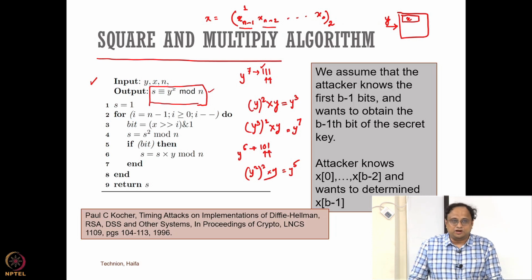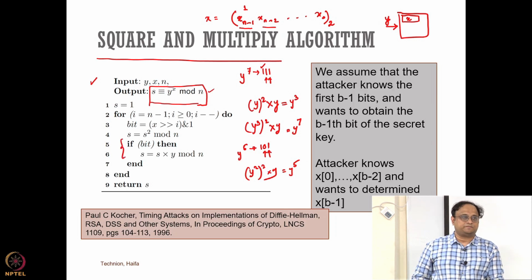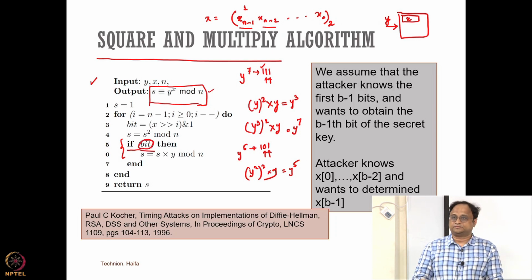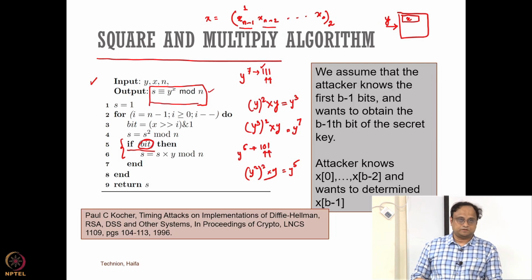But you note that when you have done this implementation, probably that is how I will code in a standard algorithm class, I have used this if statement which I was talking about at the beginning, okay. But I have done a very big blunder. What I have done is, from the security point of view, in this code I have written an if statement which depends upon the secret bit, okay, and that essentially is the source of a lot of issues, a lot of problems, okay.